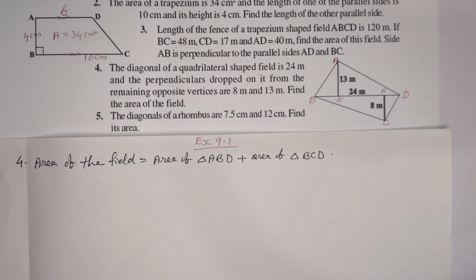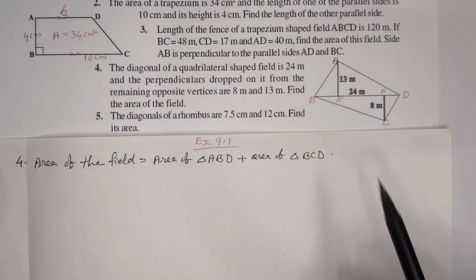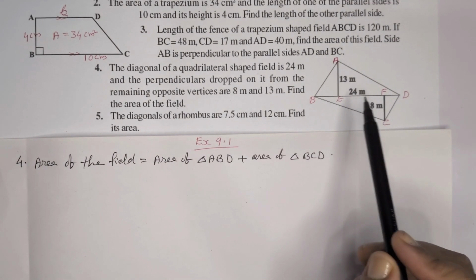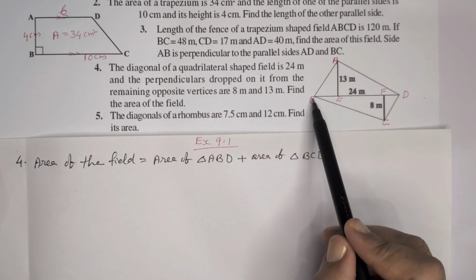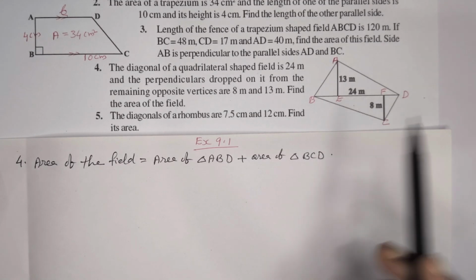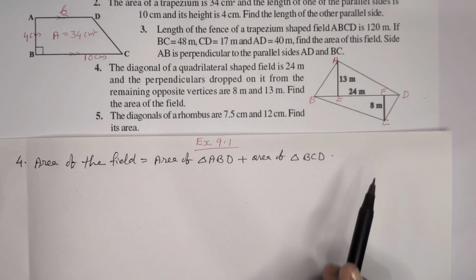So we can write area of the field is equal to, the entire field, this contains two triangles. So area of the first triangle ABD plus area of triangle BCD. ABD plus BCD.